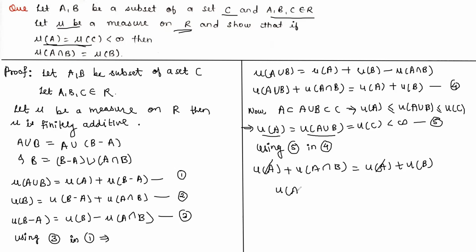Therefore, finally we get measure of A intersection B is equal to measure of B. So hence the theorem is proved, as we get the required result.